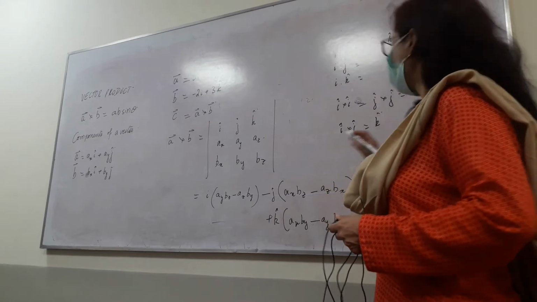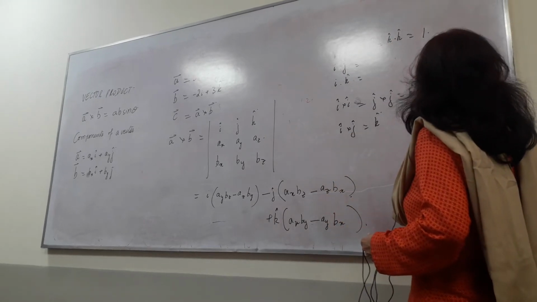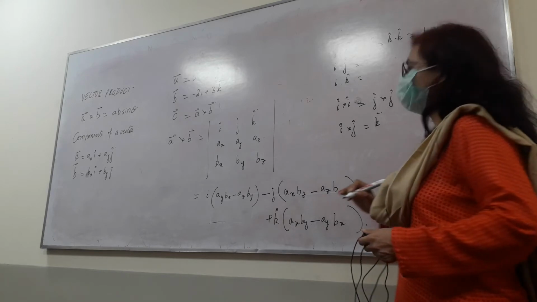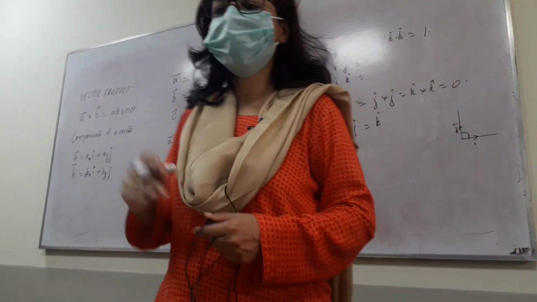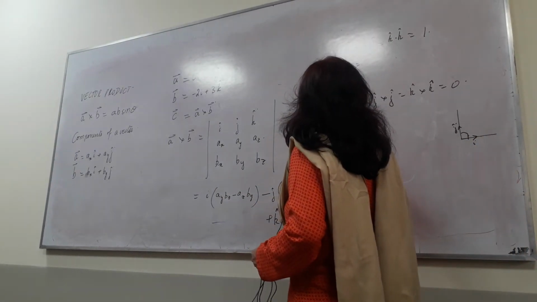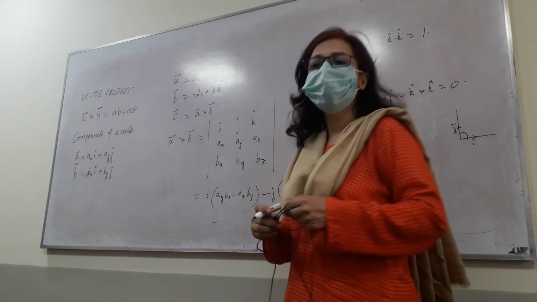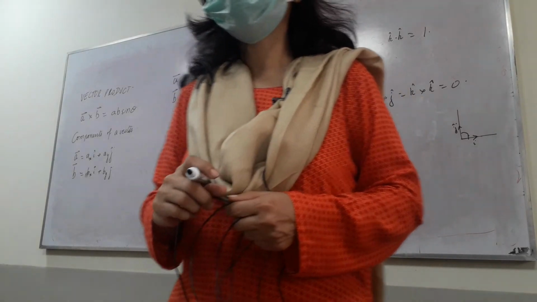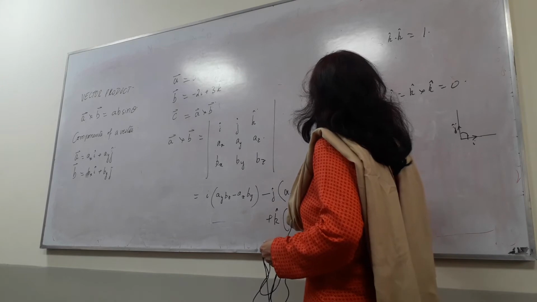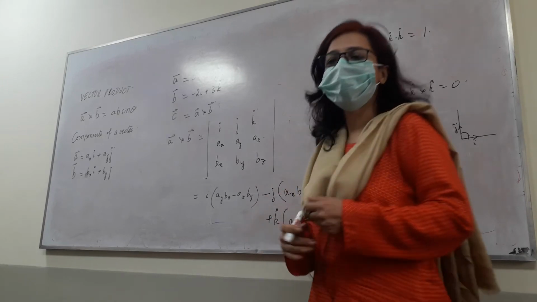Look, this is i, this is j, the angle is 90 degrees and sin 90 is 1. So this is k. j cross k is equal to i, and k cross i is equal to j.